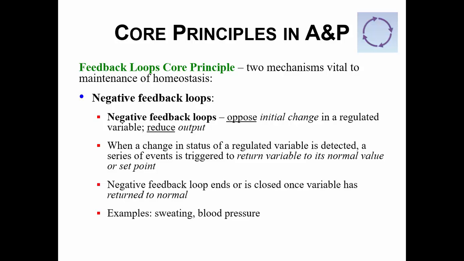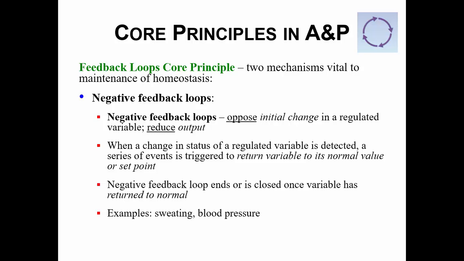Now, the feedback loop's core principle, we've got 2 mechanisms that help us maintain homeostasis. We have a negative feedback loop and we have a positive feedback loop. Negative feedback loops oppose whatever change is happening in our variable, and it tries to reduce what it's doing, to reduce the output.